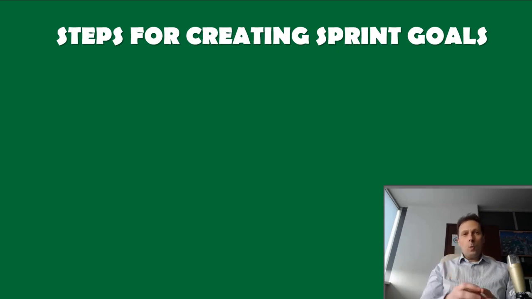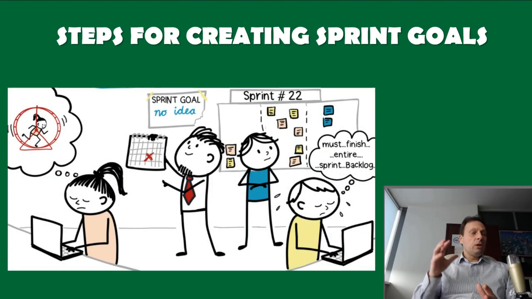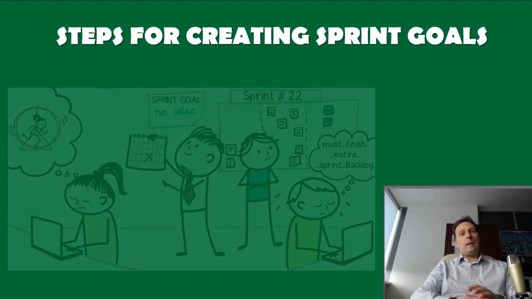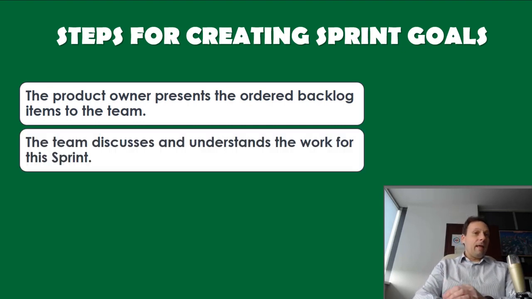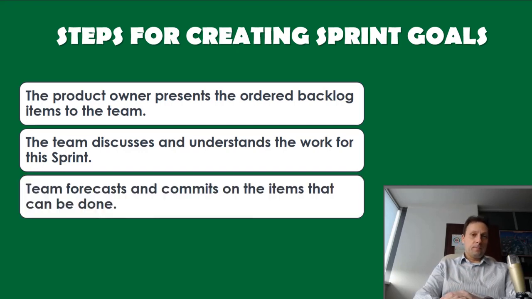If you have ever worked with Scrum, you have likely run into problems more than once trying to define a sprint goal. The sprint goal is typically defined in the first part of the sprint planning meeting through the following main steps. The product owner presents the ordered backlog items to the team, and then the team discusses and understands the work for this sprint.